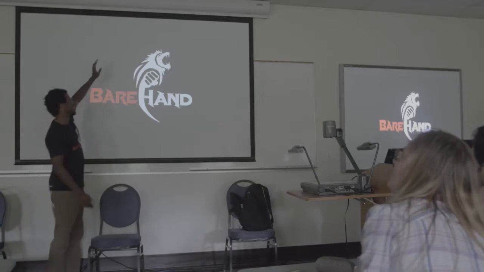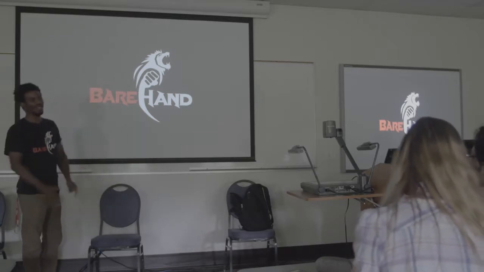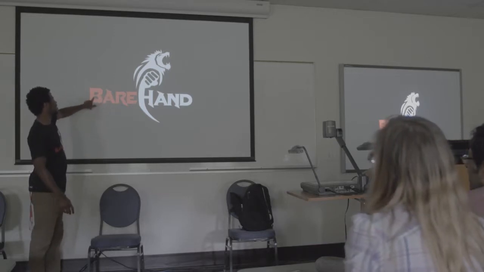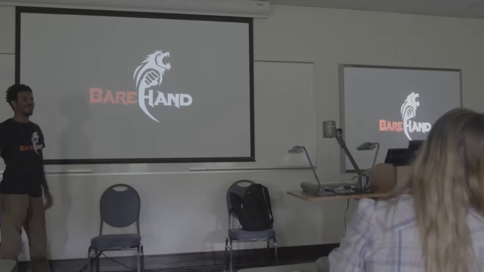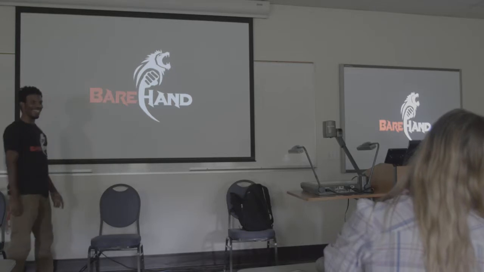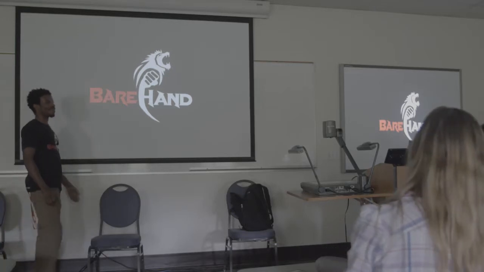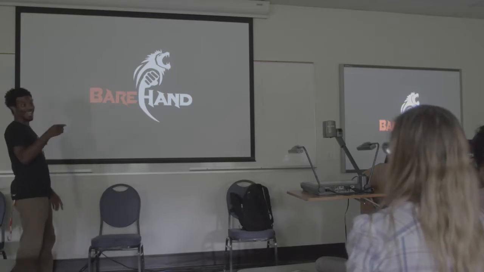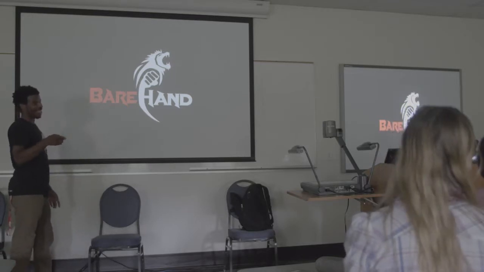Is it the Lion of Judah, right? Yes, the Lion of Judah. Does anyone know what this red means? Blood? Yes, blood. The blood of what? Of the lion. Which lion? Lion of Judah?